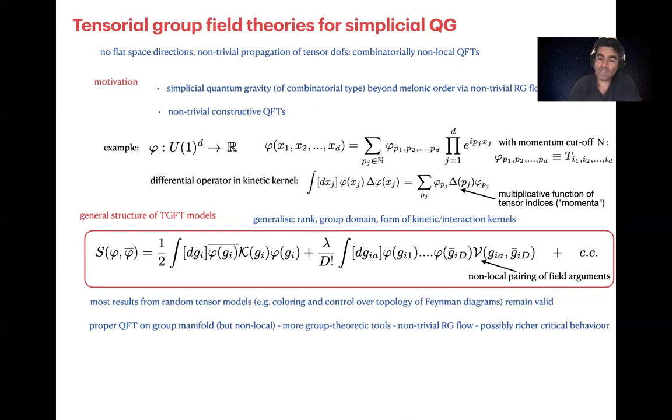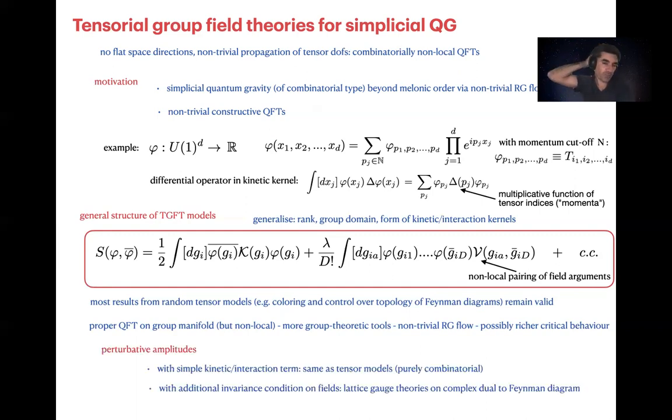In particular, the ability to control the topology of the Feynman diagrams and in general of the interactions with this class of models. Then, however, we have proper quantum field theories on a group manifold. So there are more group theoretic tools available. They are going to have non-trivial RG flows and possibly a richer critical behavior.